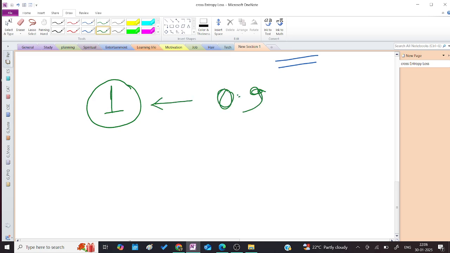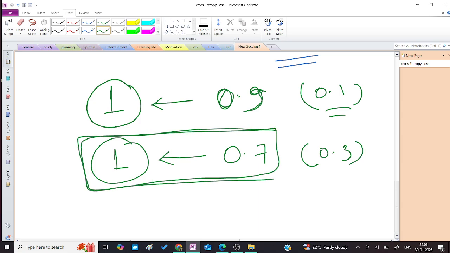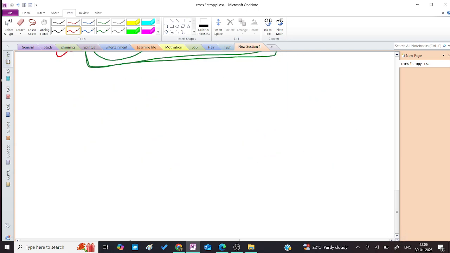So how bad is it? 0.1 off. But suppose we want to get 1, but instead we get 0.7, right? So this is much worse than the other one. So our loss function will be more for this and less for the other one.